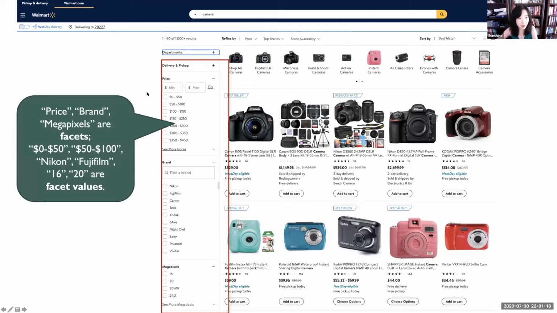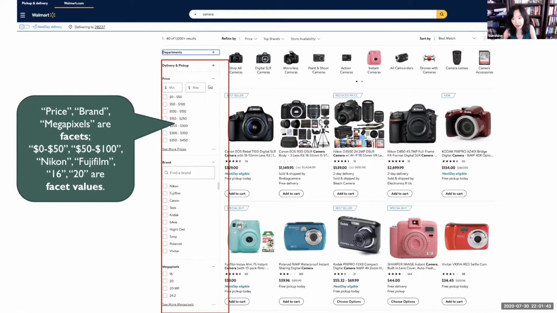On the left panel, we see price, brand, megapixels. Those are the facets. We also see some options under each facet, like $0 to $50, $50 to $100, and Nikon, Canon. Those options are just facet values under each facet.